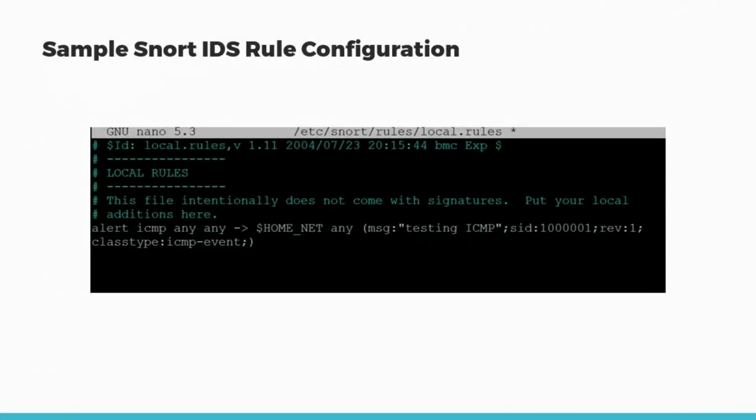We can define our own rules for what we think might be suspicious and what we want to do about it. Here it's going to generate an alert on the Snort device. If we have ICMP traffic from anywhere on our home network, then we're going to display or alert a message that says testing ICMP.